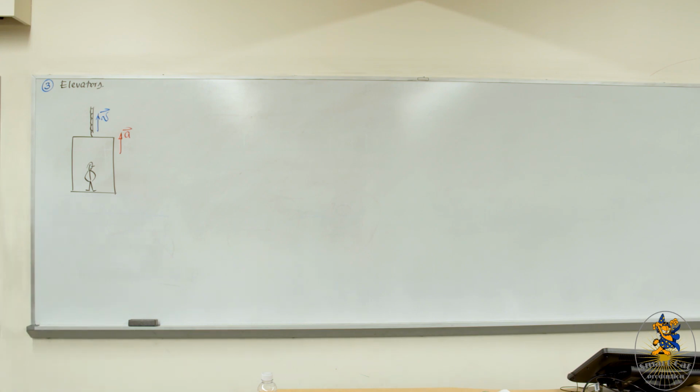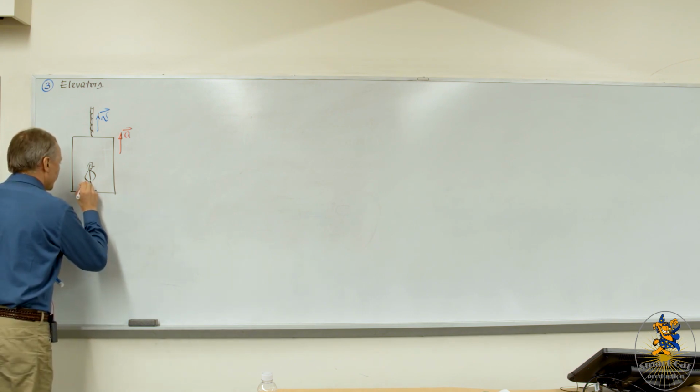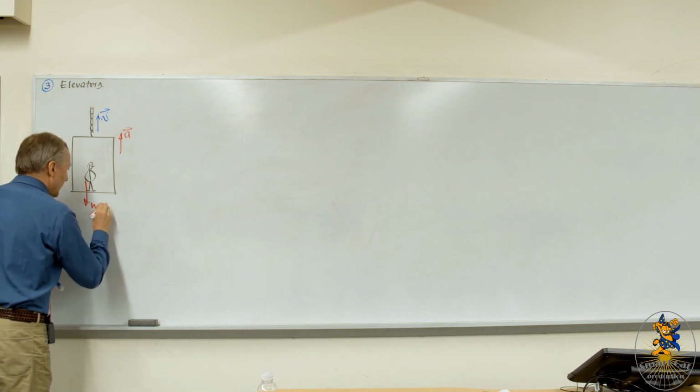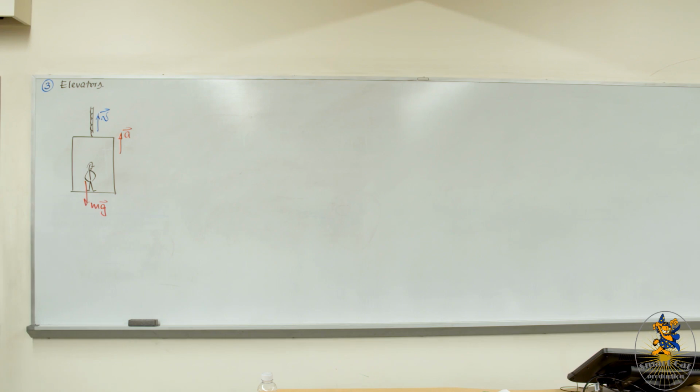Whenever you apply Newton's second law, you need to only include forces acting on this M. Because there are tons of forces around this elevator, but we need to apply only forces which act on the person, not on the elevator. So forces acting on the person, of course, ubiquitous gravitational force straight down. Right? So mg. And then, of course, normal force from the floor.